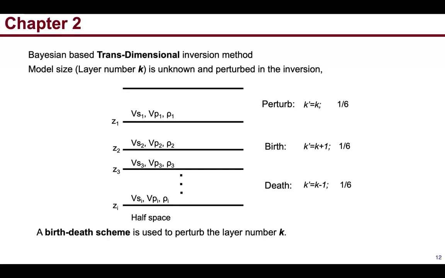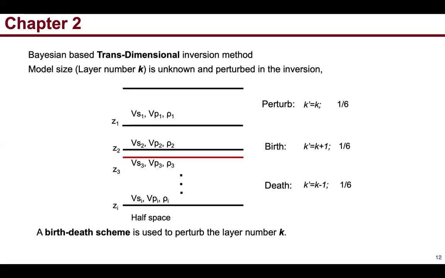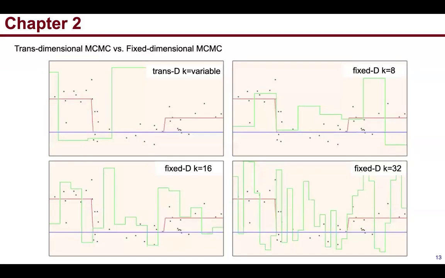During the inversion, we will have a probability to insert a new layer or remove a layer or perturb a layer. So the burst depth scheme is like this. And in the test, we compared the transdimensional MCMC result with a fixed dimensional MCMC result.